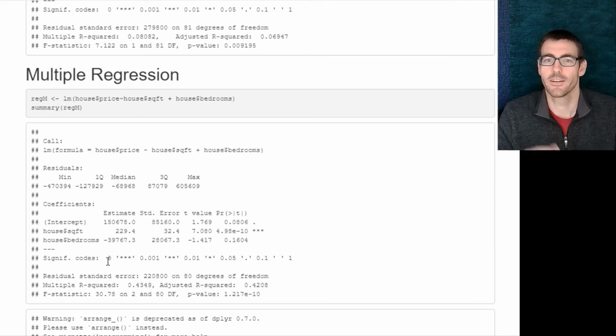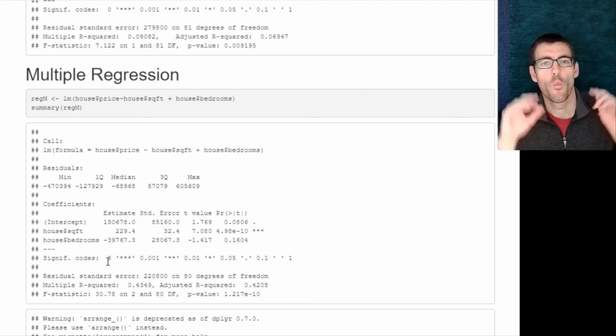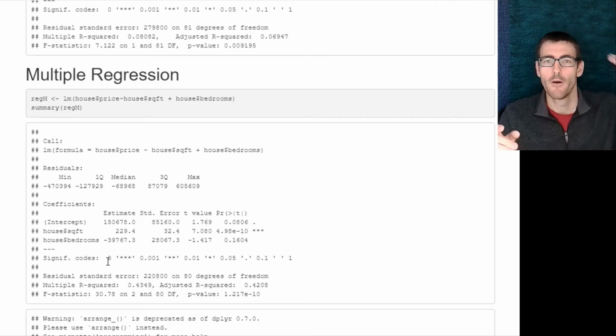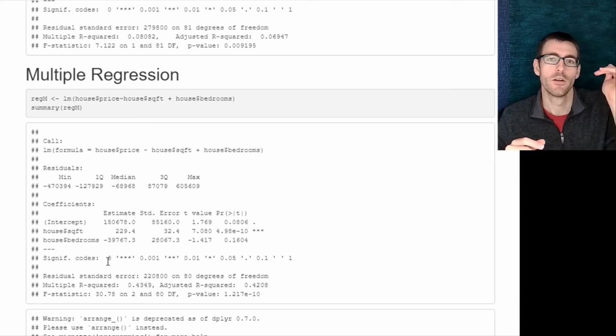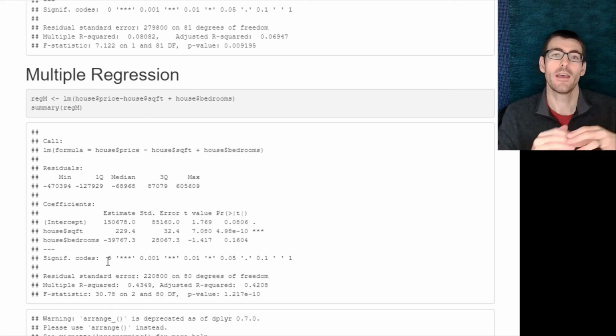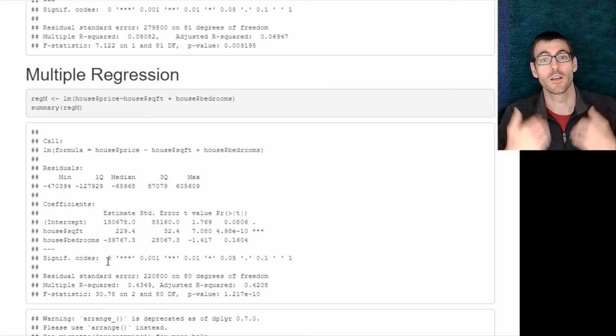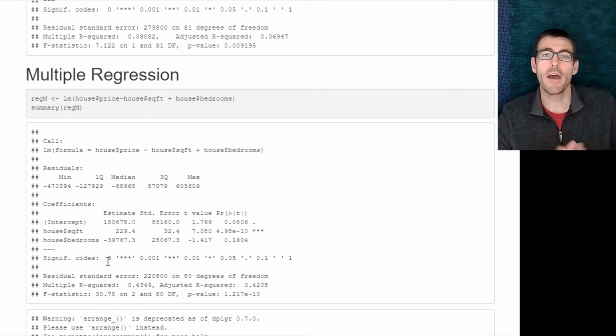The distinction here is that for the multiple regression, we're not just saying that houses that have more bedrooms cost less. What instead we're saying is, for a particular square footage, if a house has more bedrooms, it costs less. All right, so imagine you've got a fairly large house.